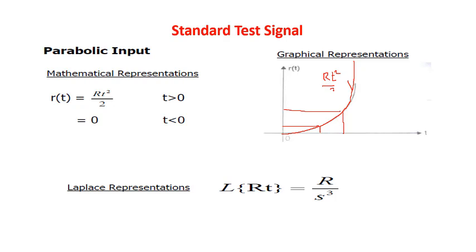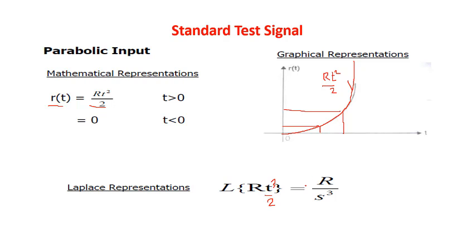When we apply the Laplace transform on both sides, that is, on the left hand side and on the right hand side, we get R(s) on the left, and on the right, R into t square divided by 2.